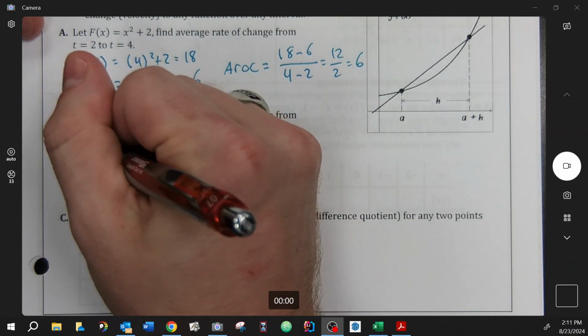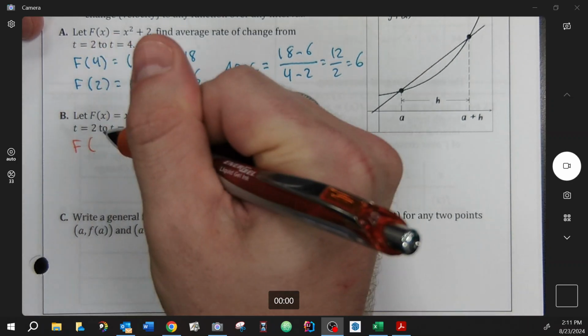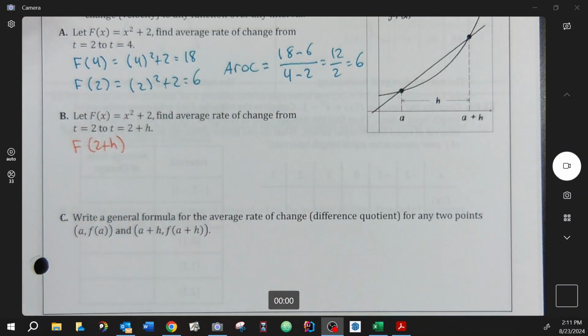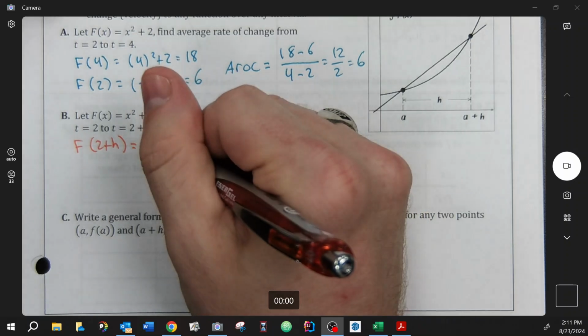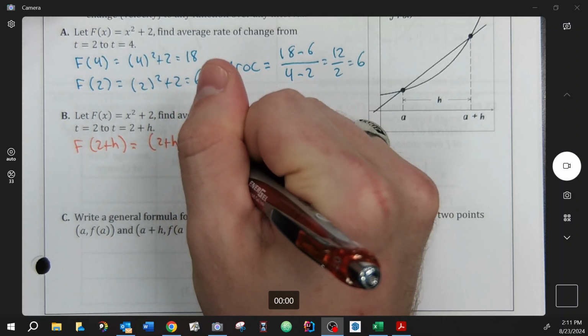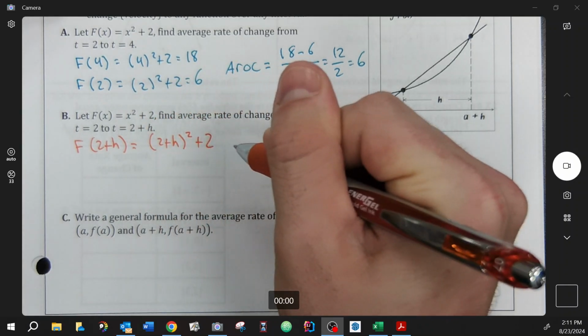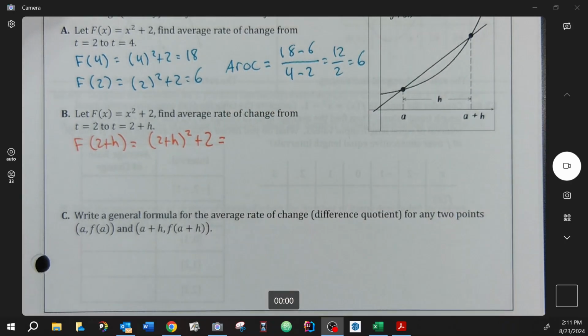So if we go to find our y2, we don't have a choice but just to replace x with 2 plus h. So replace x with 2 plus h. You do have to know how to FOIL.